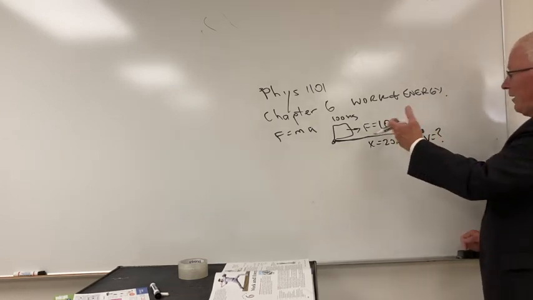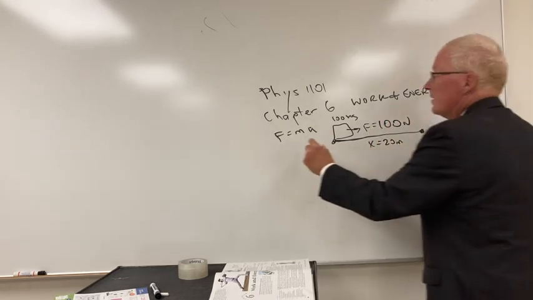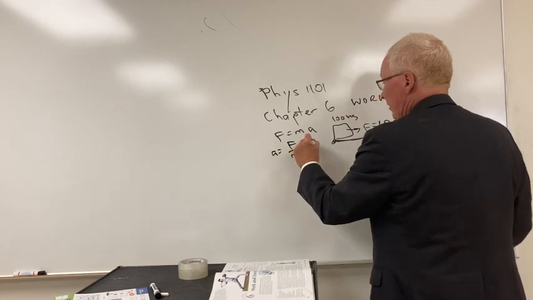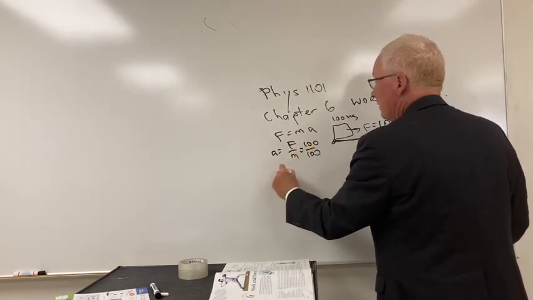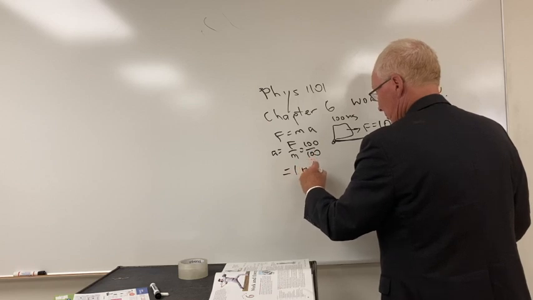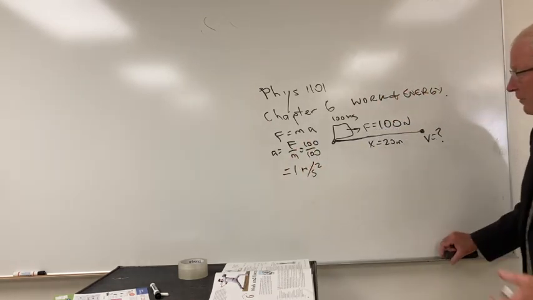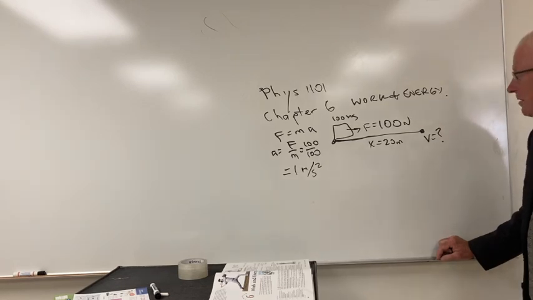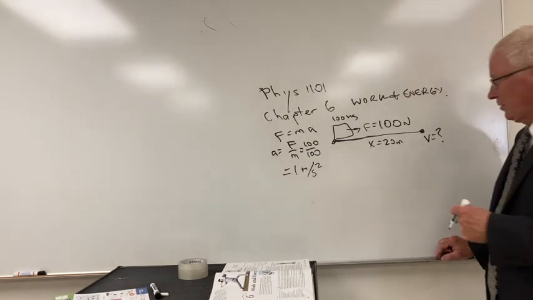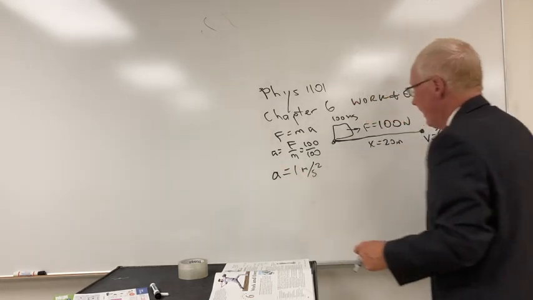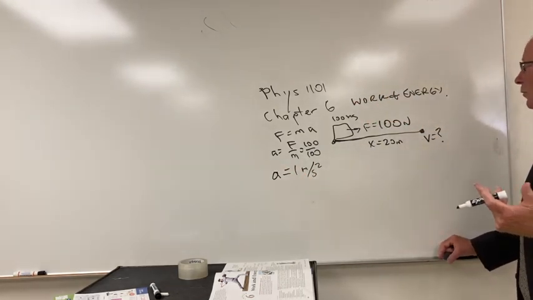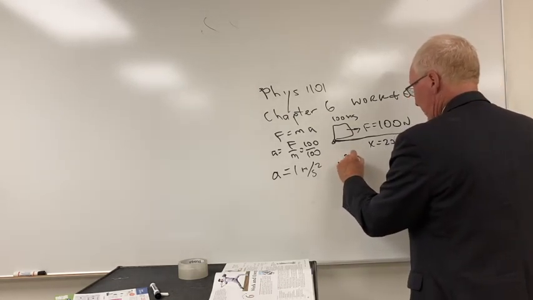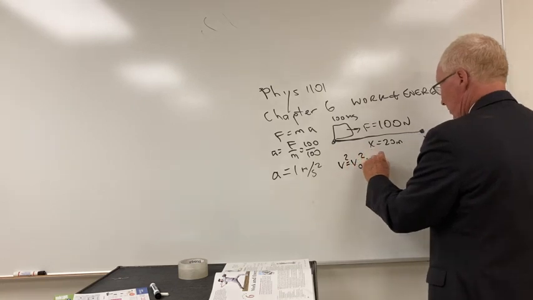Now, if we apply a force of 100 newtons, the acceleration will be force over mass, which will be 100 over 100, which is 1 meter per second squared. So this is what we've had for chapters 3, 4, and 5. And that's the acceleration. Then if we go back to chapter 2, we can figure out how fast it's going by using the expression v squared is v naught squared plus 2ax.